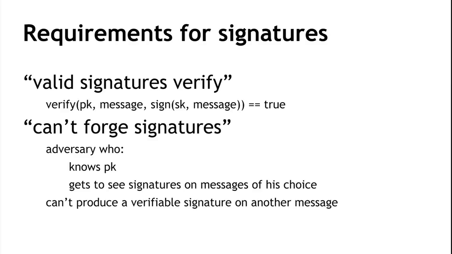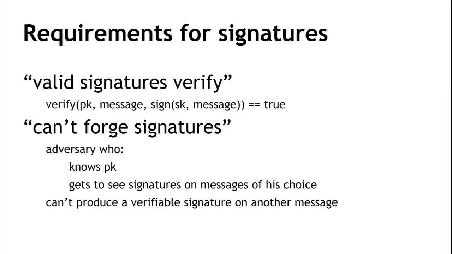The requirements for signatures, at a slightly more technical level, are the following two. First, valid signatures will verify. If I sign a message with SK, my secret key, and someone later tries to validate it using my public key and the same message, it will validate correctly.